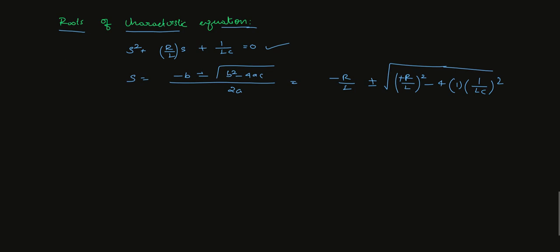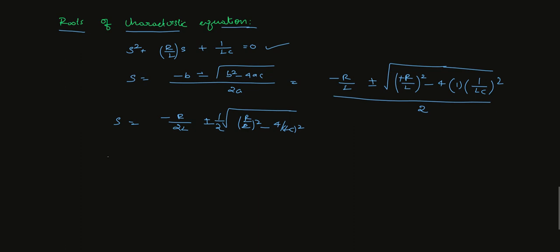So s is equal to minus R by 2L plus or minus root over (R by 2L) whole square minus 1 by LC, whole thing divided by 2, taking the 2 out. So this is our equation.